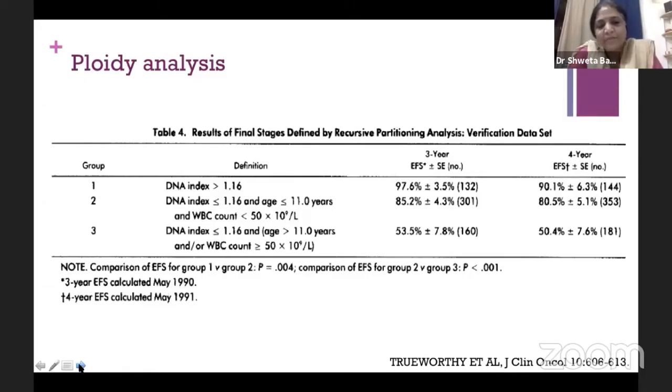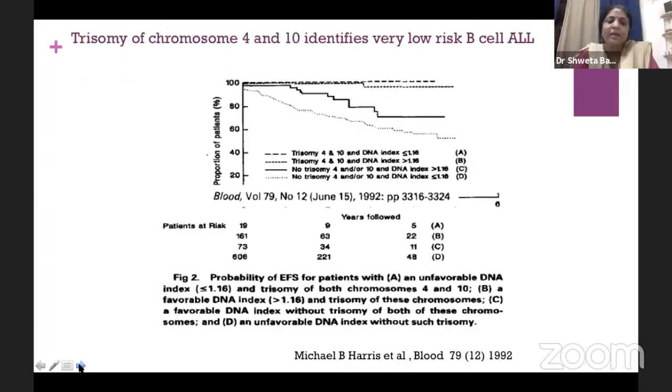And if the patient has high risk features like age more than 10 years and WBC count more than 50,000, and a DNA index of less than 1.16, their survival was less than 50%. So it's very important that we do a ploidy analysis in the patients.